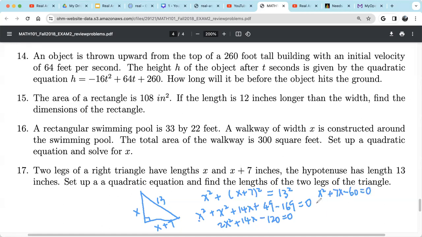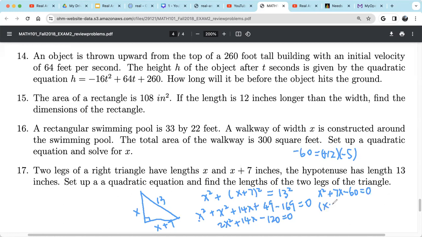Now we want to think about 2 factors of negative 60 that add up to positive 7. The bigger number is positive. So 12 times negative 5 is negative 60, and 12 minus 5 is 7.